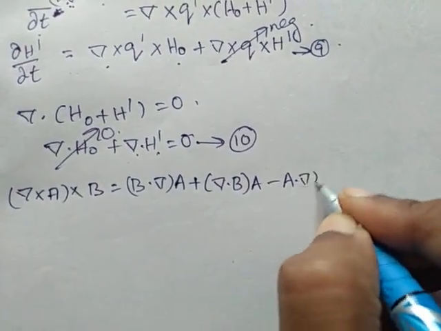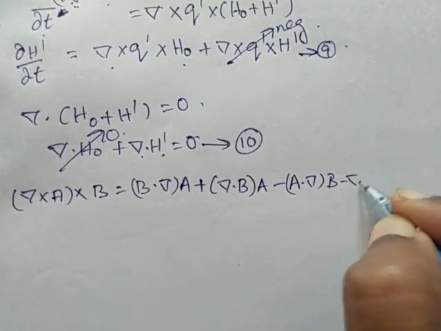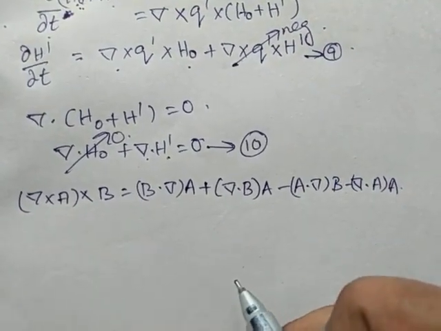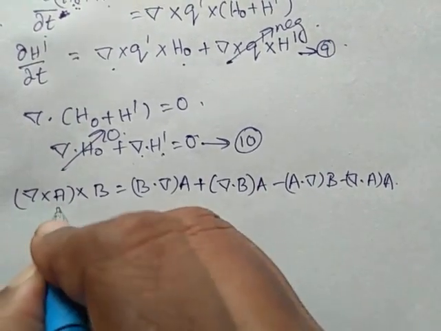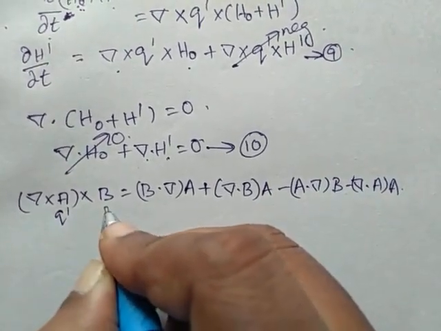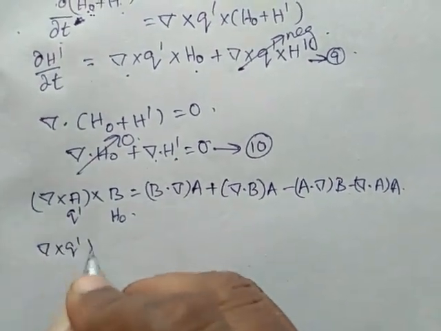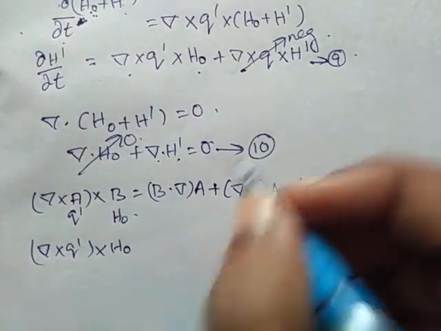In place of A I substitute Q', and in place of B I substitute H₀.